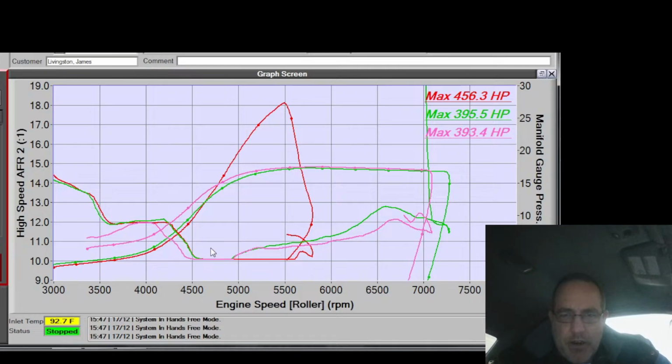So I'm rich here. Definitely too rich here. It's really good in this spool region. I like this. So what you're seeing here is I have this thing set up to be closed loop but target rich. So it's actually closed loop right here. That's why it's running a flat 12. You see how flat that 12 is? That 12 is two things. One, it's safe, and I like that.